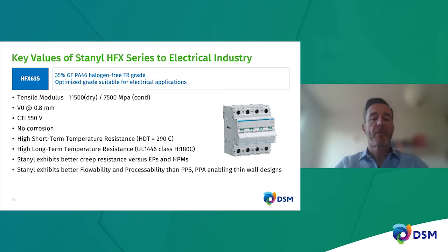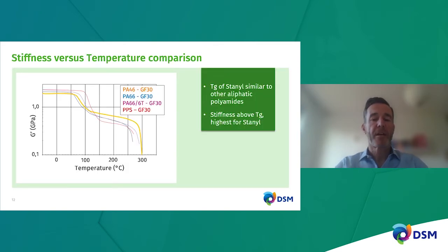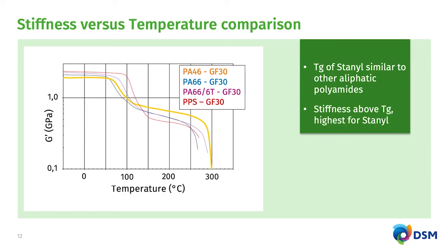Stanyl is an aliphatic polyamide, polyamide 4,6, and has a similar glass transition temperature to other polyamides in the market. So as soon as the material goes above its glass transition temperature, the mechanical properties will drop significantly.